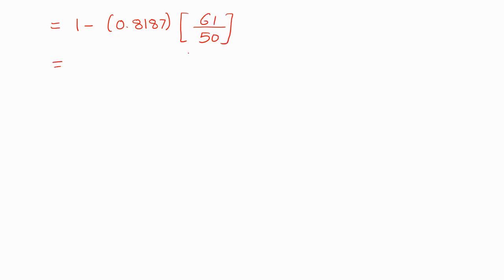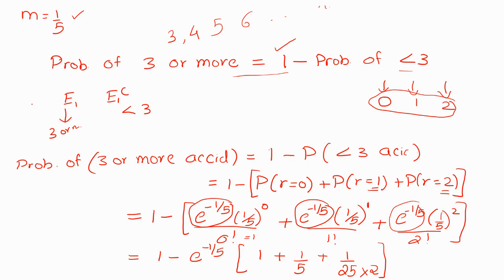This is just a simple simplification. This one will come out to be 1 minus 0.998, which comes out to be 0.0012. So this is my probability that there will be three or more accidents.